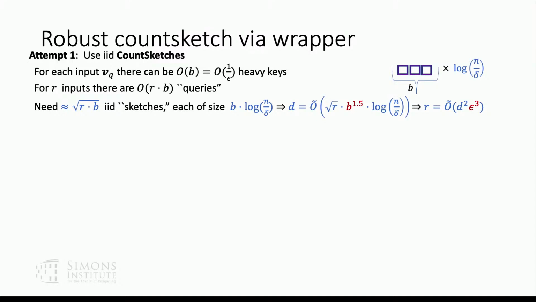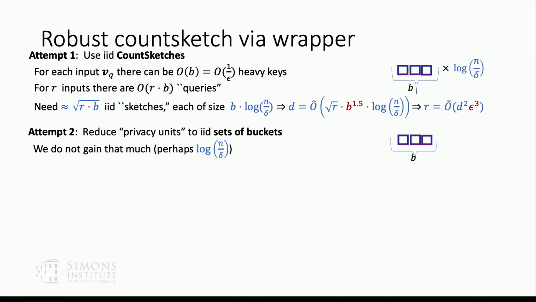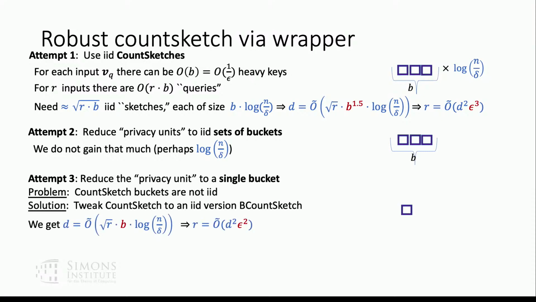So that cube kind of seems out of place. We wanted to get rid of it. One improvement is to just reduce the privacy units, instead of charging the whole sketch, the logarithmic number of sets, for every input. We just reduce it, but that doesn't give us that much.